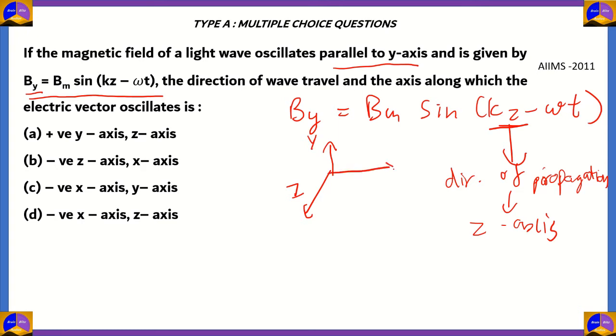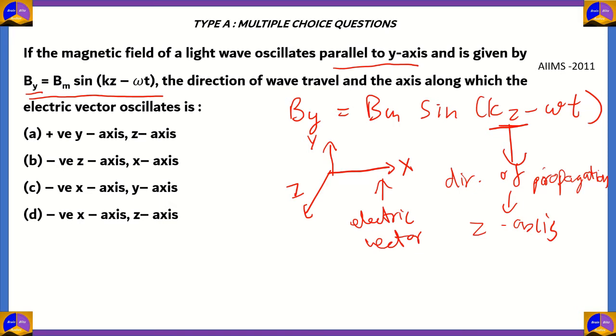So therefore, along the x-axis, the electric vector flows, because in electromagnetic waves, the electric and magnetic fields are both perpendicular to each other and also perpendicular to the direction of propagation of the wave.